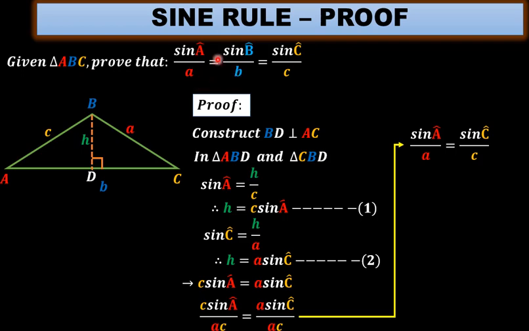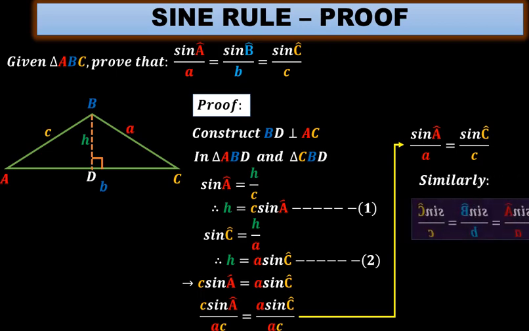And I said you check the ratios every time. If we were to look at sin A divided by a and sin B divided by b, then our angles in standard position will be A and B. So it's allowed. In the same way, you just say similarly, it can be proven that all these ratios are equal.